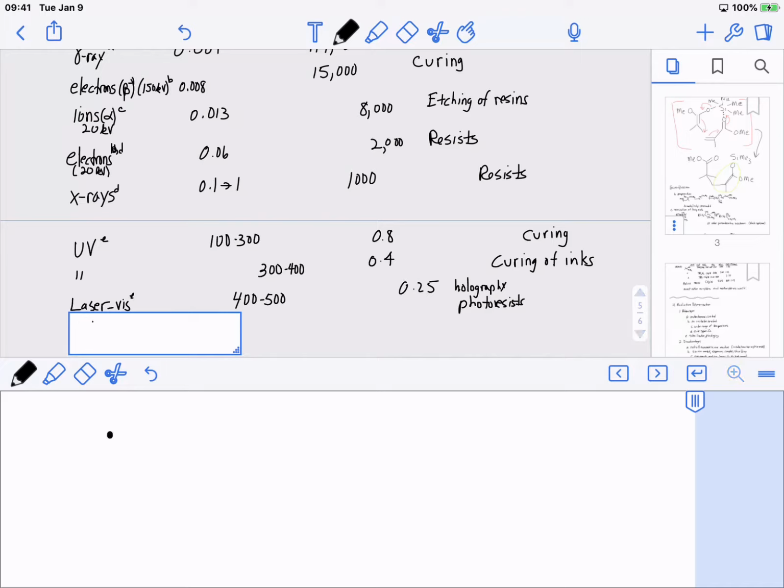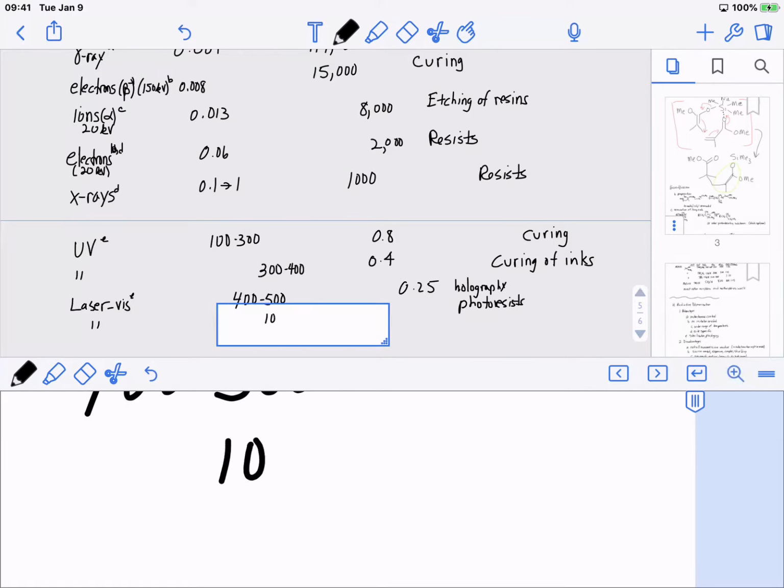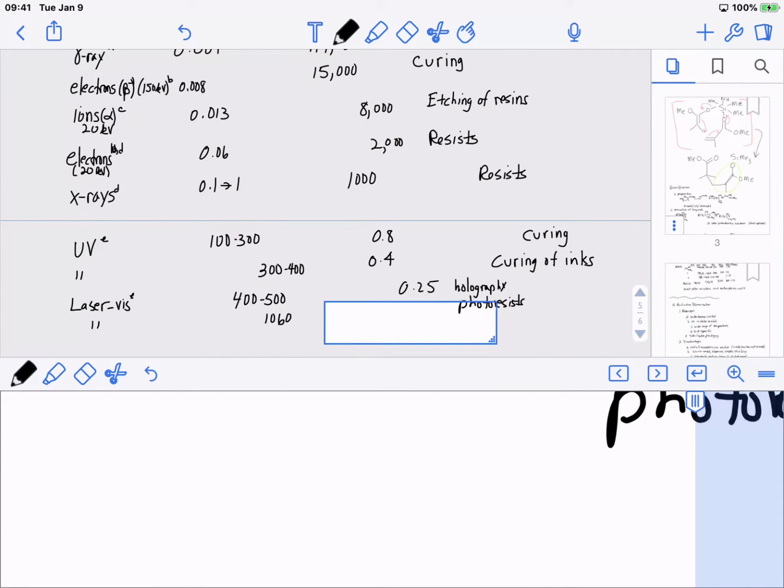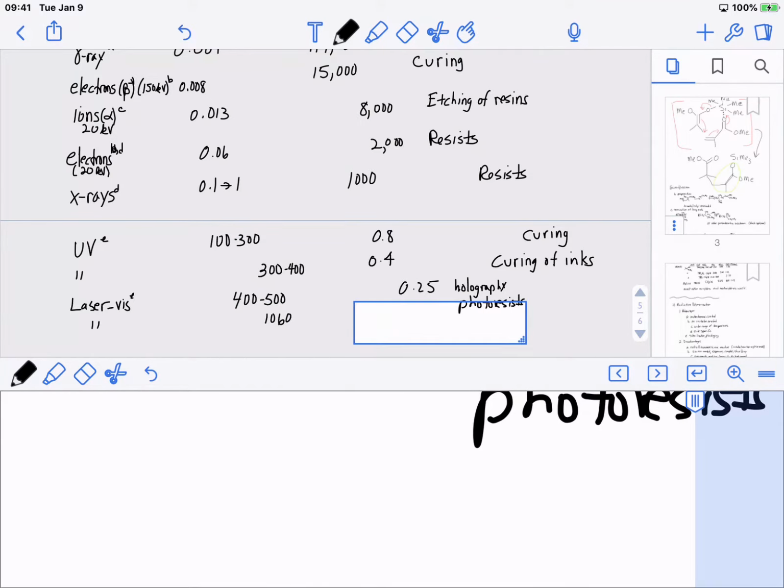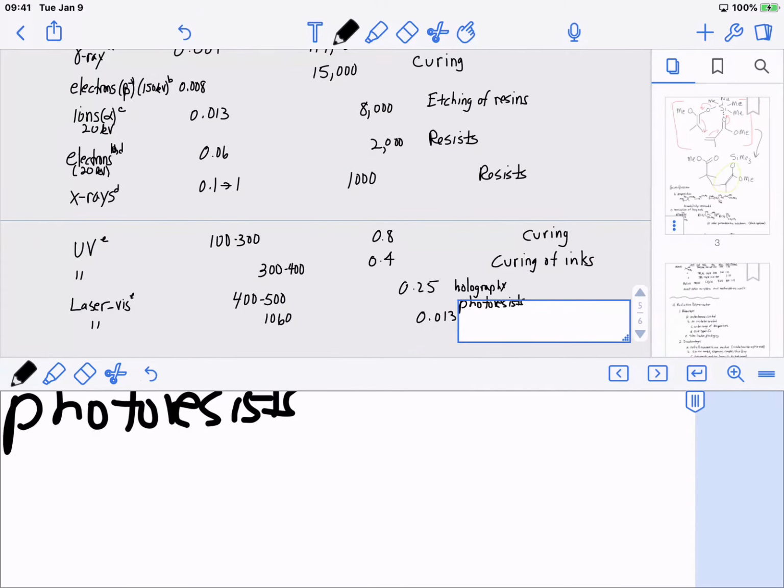You can also use lasers. I don't have the number, about half of that. Yeah, 1060. 0.013. Some of these lasers aren't very good.